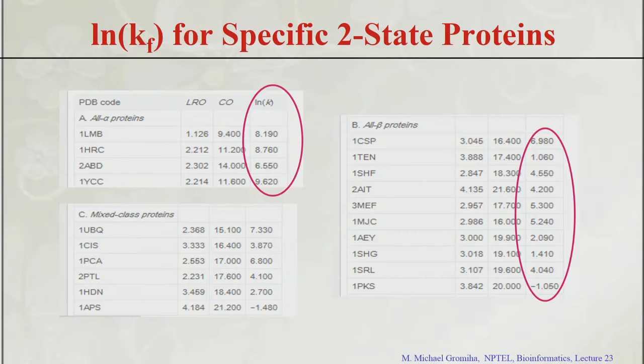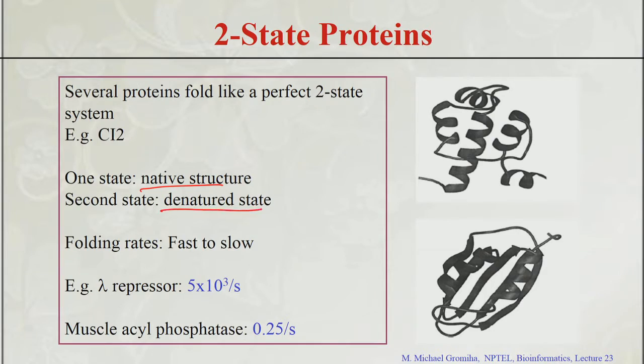Okay, now I give you one example. These are the examples for the all alpha proteins, and these are for the all beta proteins. All these proteins are two state proteins and small proteins. What is the meaning of two state proteins? We have two states: one state is the native structure, and the other state is the unfolded or denatured state. You go from the unfolded state to the folded state, and there is no intermediate.